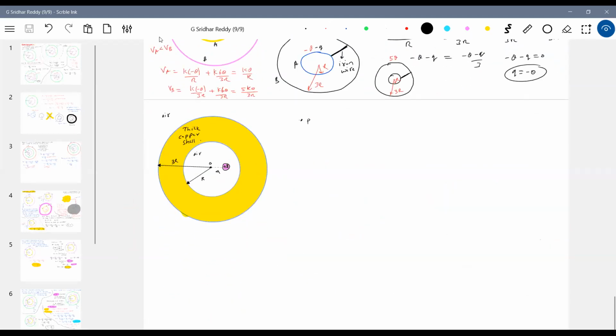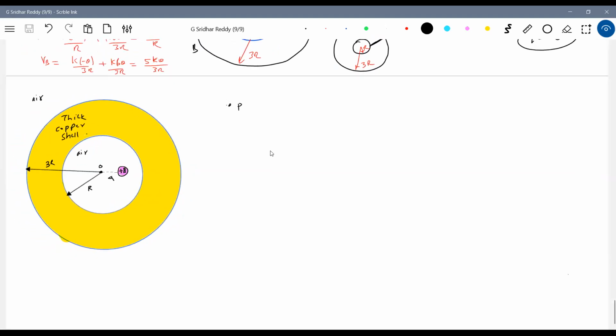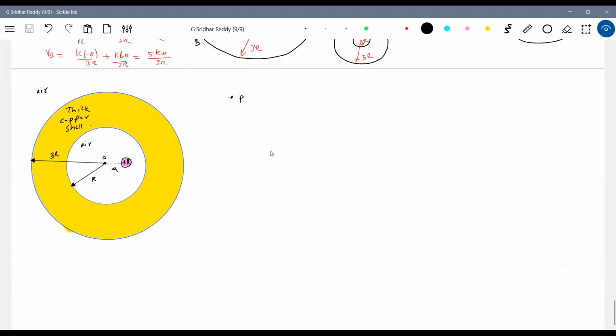One more last question, and then we'll go for counseling because many doubts will be there for you to clarify. Now there's a thick copper shell. A point charge Q is kept inside, not at the center, at a distance a from the center of the thick neutral copper shell.